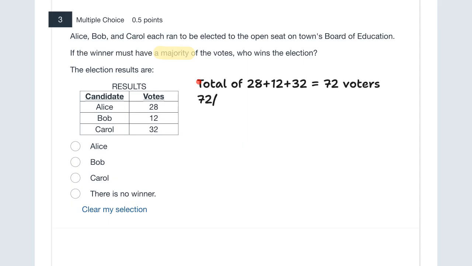72 divided by 2 is 36, right? And then to avoid the 36 to 36 tie, that means 37 is the majority.